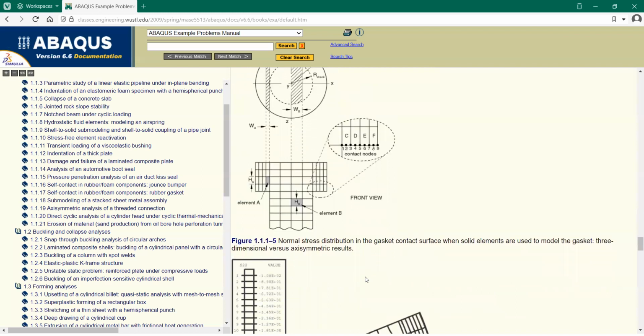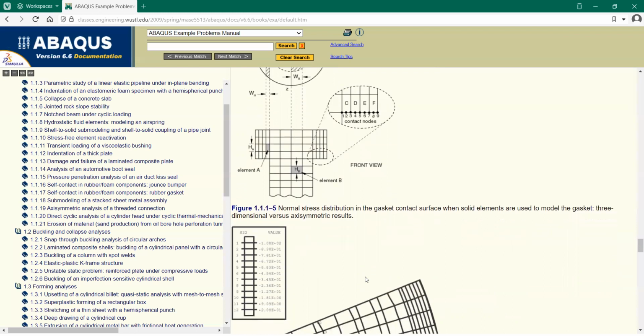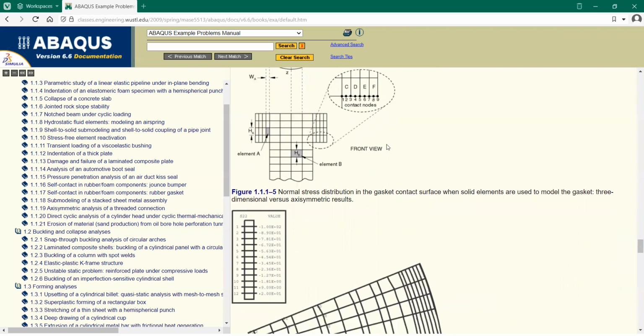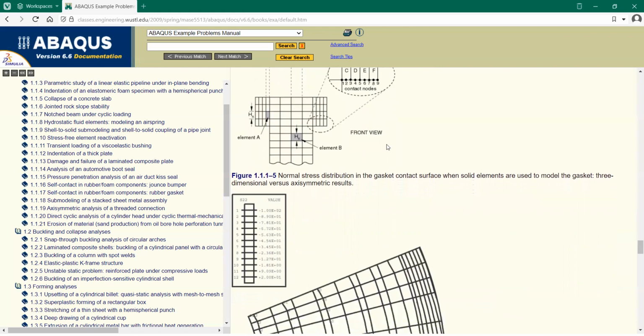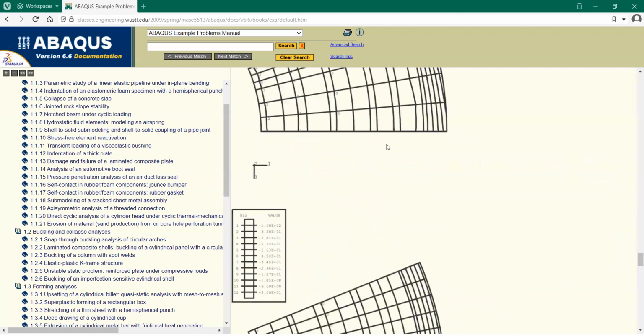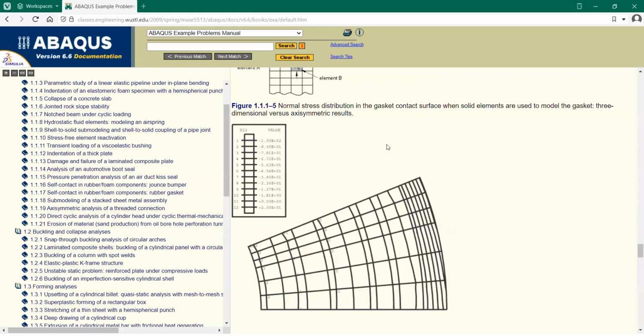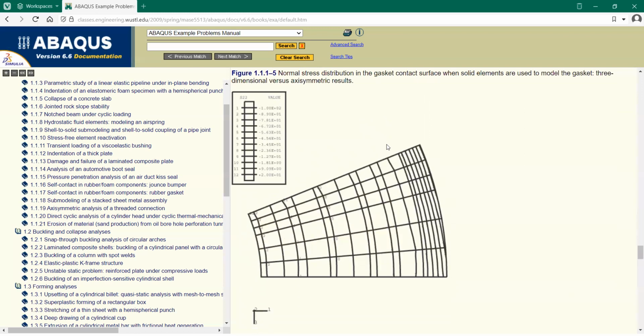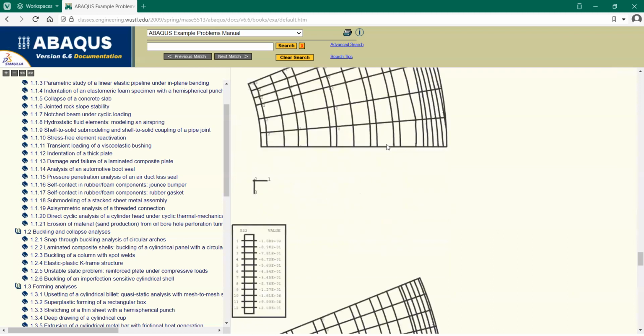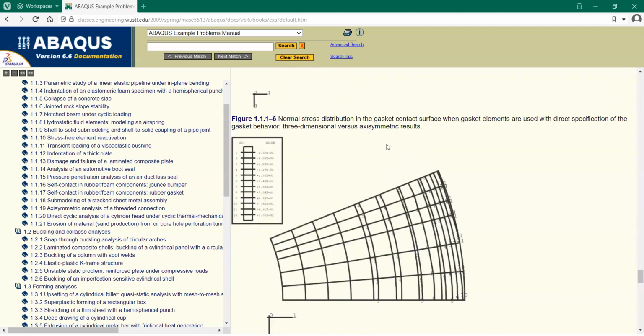So normal stress distribution in the gasket contact surface. Where is the normal stress expected? What kind of plot is this? We don't see any values over here. It is S22, S22.